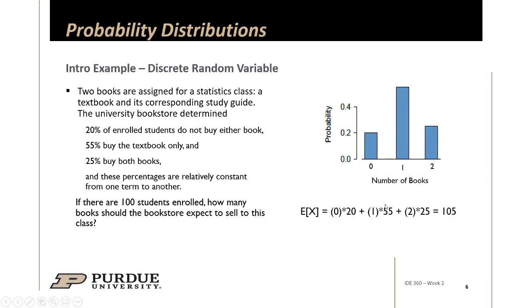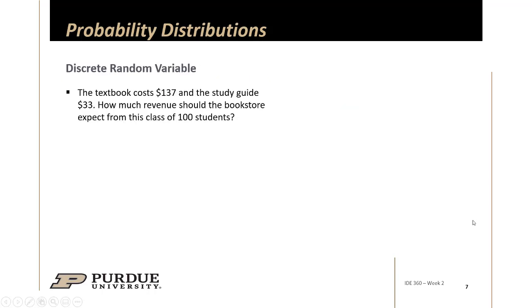So then we calculate 100 times the probability of each class, 0.20, 0.55, or 0.25, and we multiply by the actual value for those possibilities in the random variable number of books. So the expected value for that will be 105.